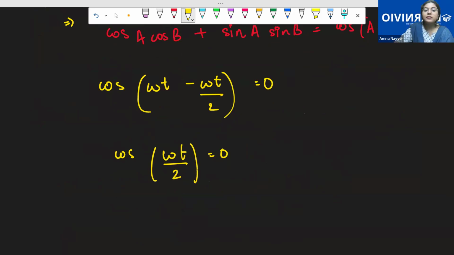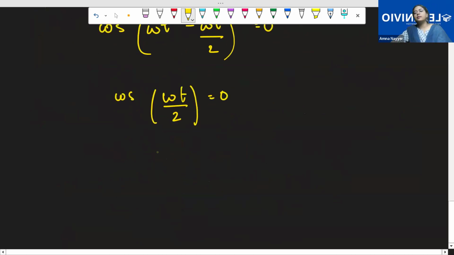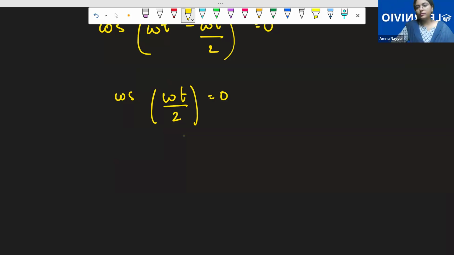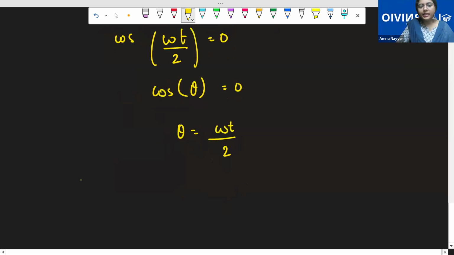What is this angle? When is cos theta 0? When the angle is 90 degrees. So we can say theta is omega t by 2, and theta is 90 degrees.